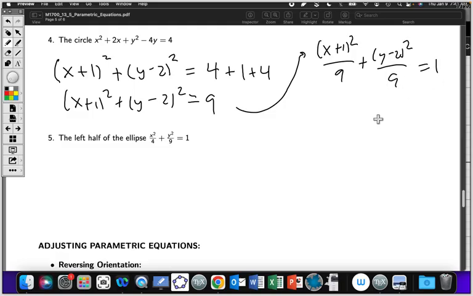All right. So the goal here is we've got a sum of squares equaling 1. And that should remind us of the identity cosine squared t plus sine squared t equals 1. So that's kind of where this comes from. So once again, doing a little bit of work and putting things in standard form.